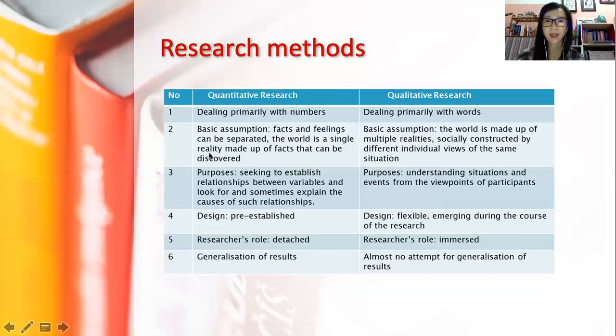Single reality means one type of reality made up of facts that can be discovered. So from the perspective of quantitative researchers, this world is a single reality consisting of facts that we can discover. So there is only one truth.